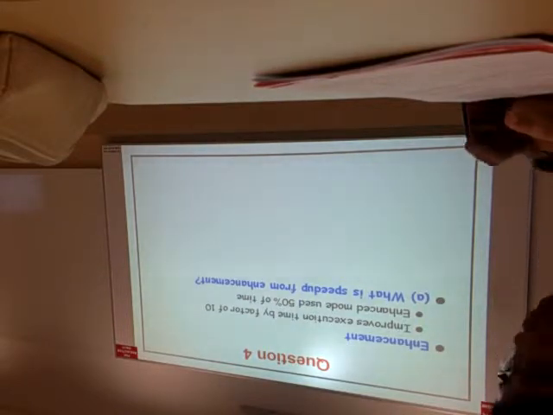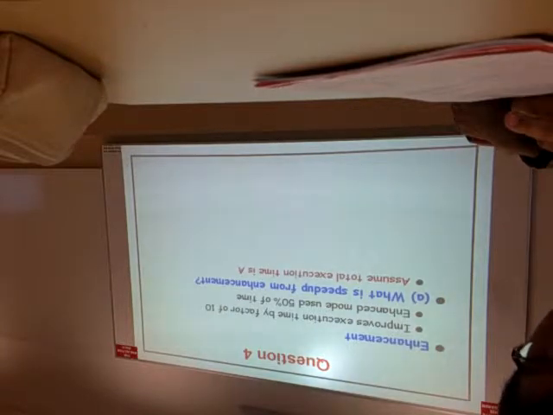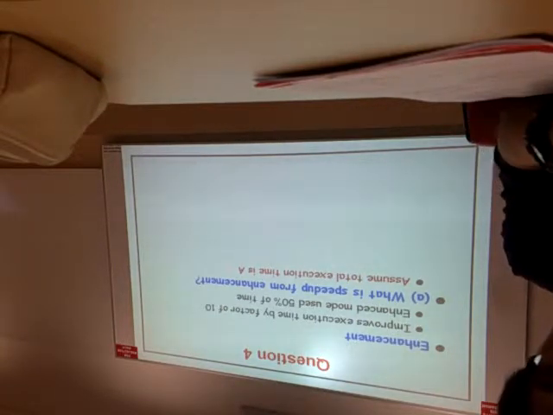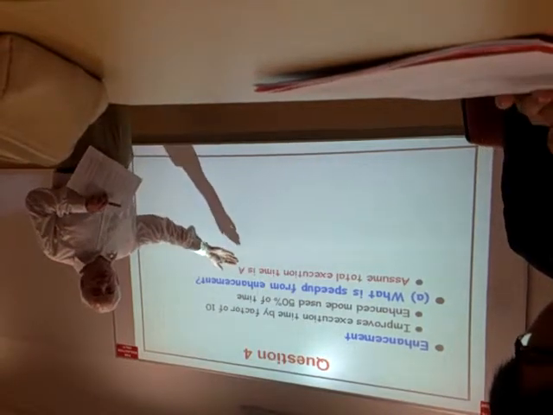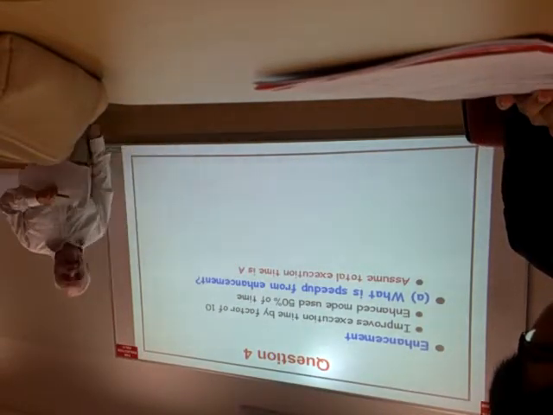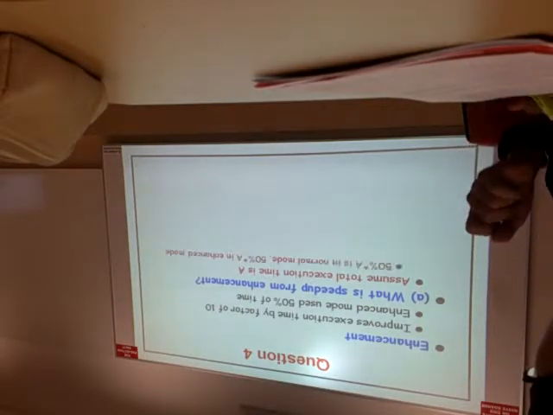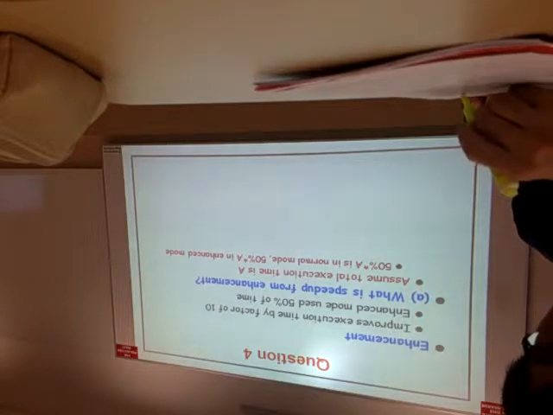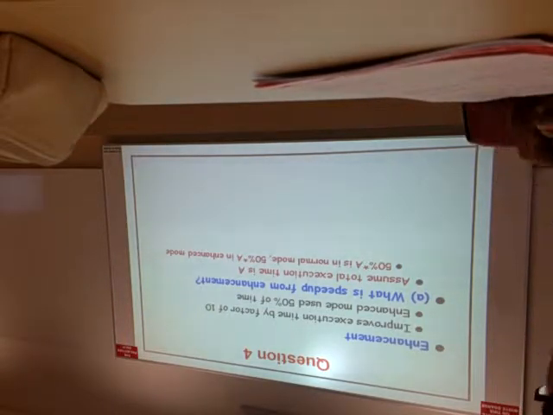So the speed up is the old time divided by the new time. Again, we don't know the execution time, but let's just assume that the execution time is A. It doesn't really matter. Then 50% of time A is spent in normal mode, 50% of A is spent in enhanced mode.